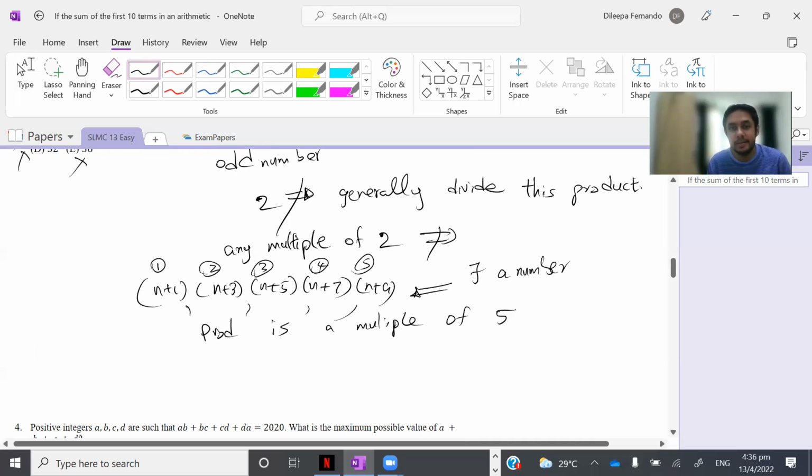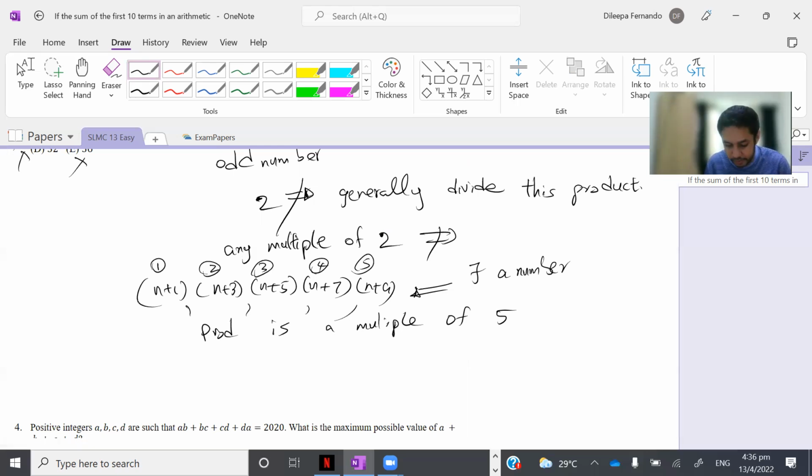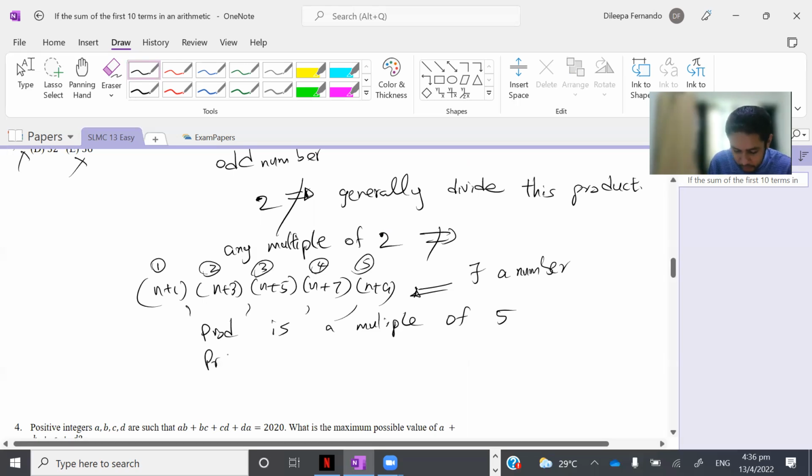Similarly, you can find 3 consecutive terms in an arithmetic progression. That means the product is also a multiple of 3 for any n.